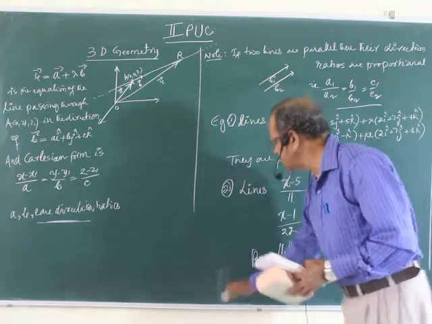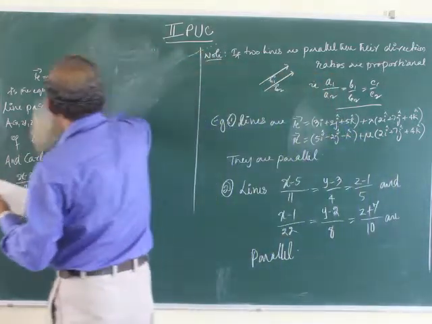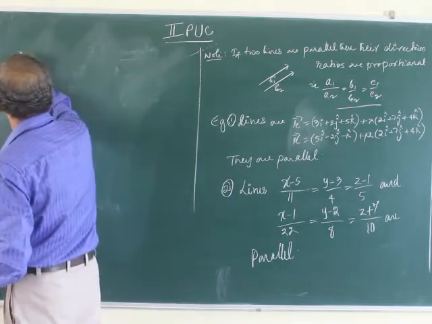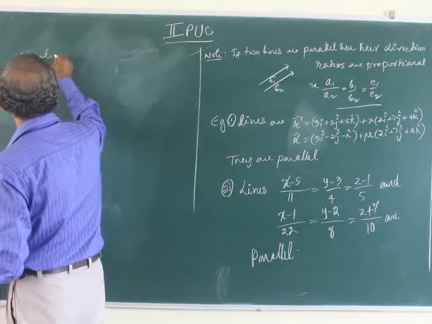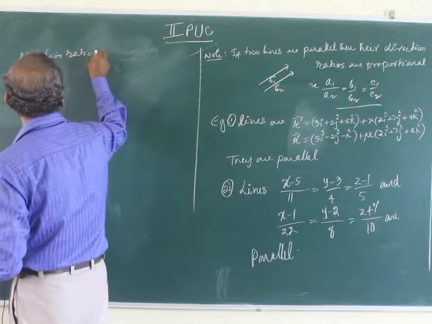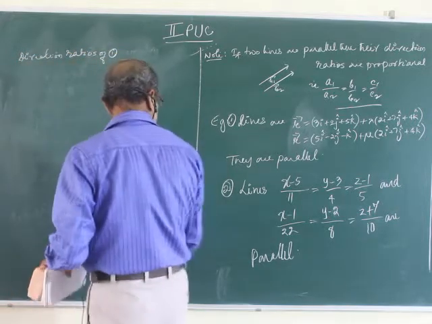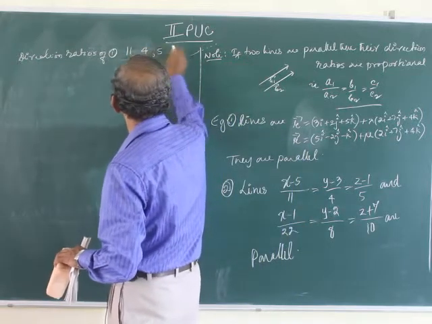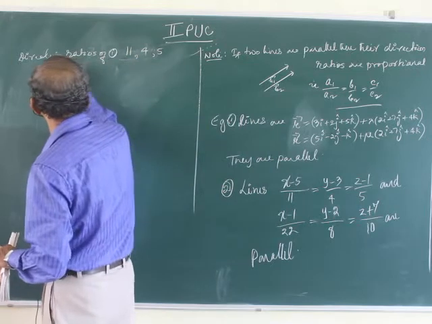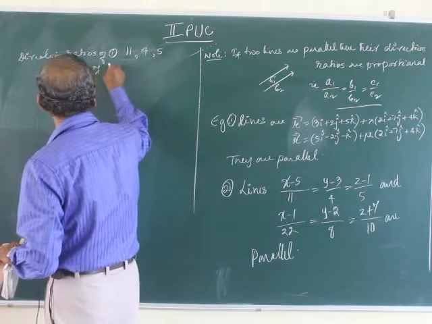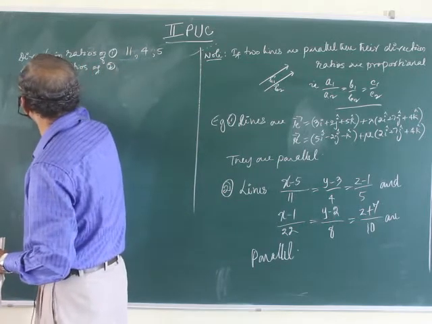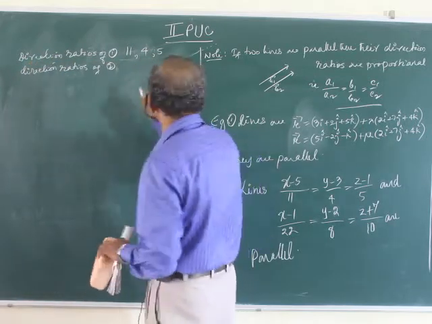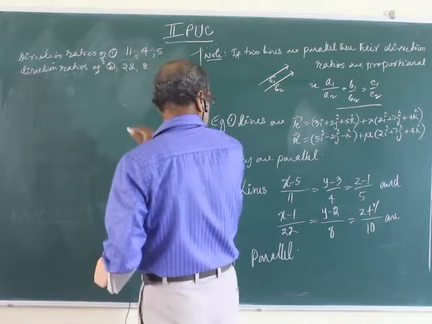Direction ratios of first line: 11, 4, 5. Direction ratios of second line: 22, 8, 10.